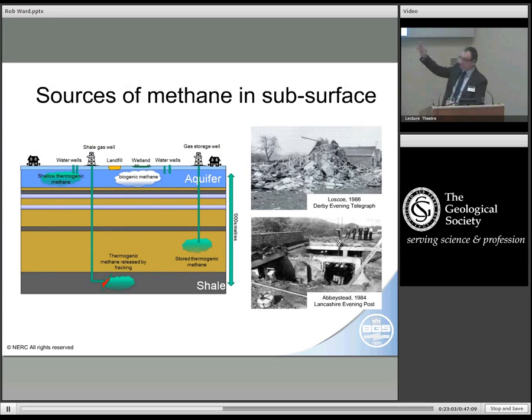And we've also had evidence of the impact of methane explosions, and I've got pictures on the right here which show the impact of methane escaping to the surface and causing problems. So the first one here, in 1984, was the explosion at Abbeystead, which was a pumping station associated with the transfer of water between two rivers.